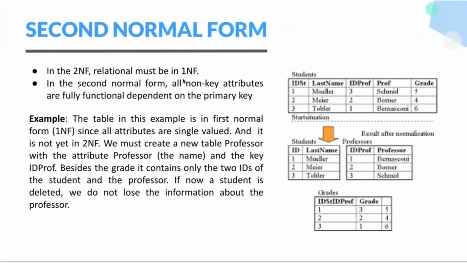Now let's understand second normal form. What does second normal form mean? In second normal form, the first condition is that it has to be in first normal form. What was first normal form? Each and every cell has only one value, not unique, one value. So it is satisfying first normal form. Now, what is the second condition?